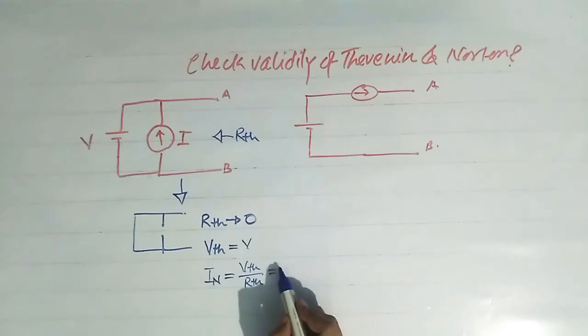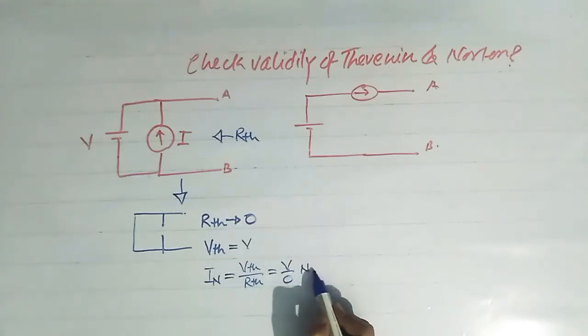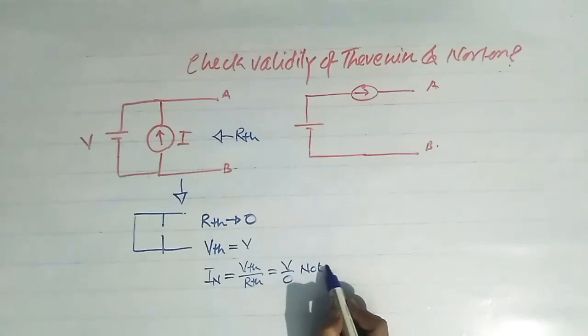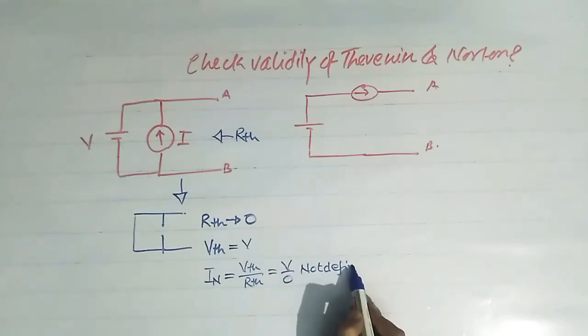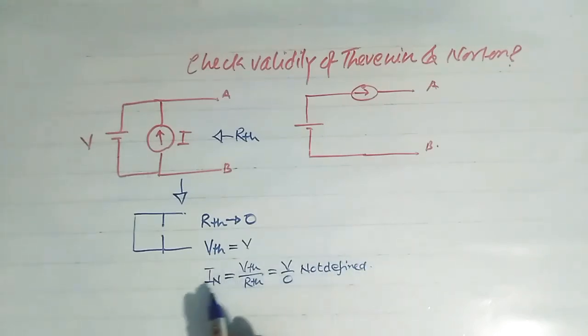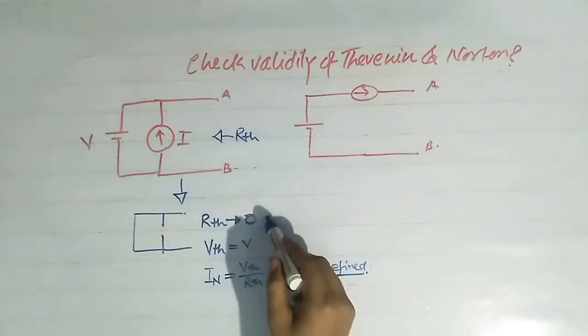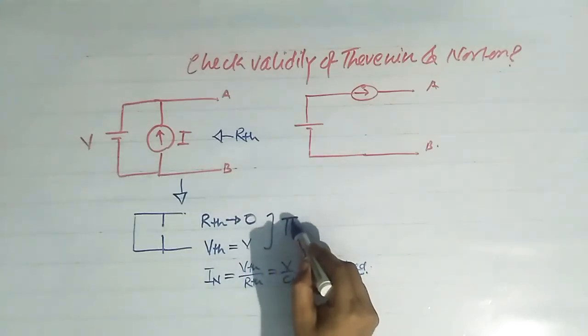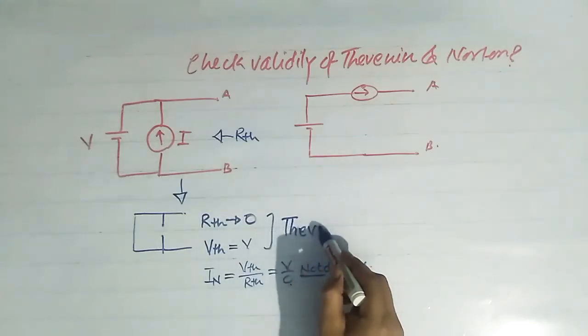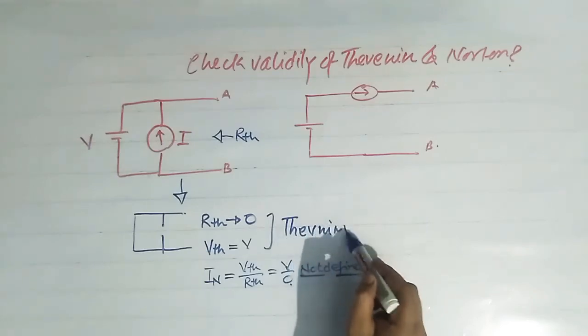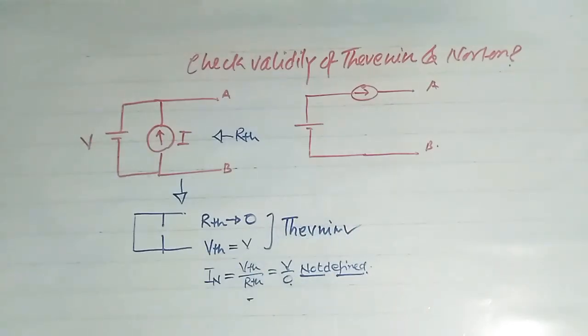So it is equal to V by 0, which is not defined. Here you must know that the value V by 0 is not defined. That's why for this circuit only Thevenin is possible, and Norton is not possible.